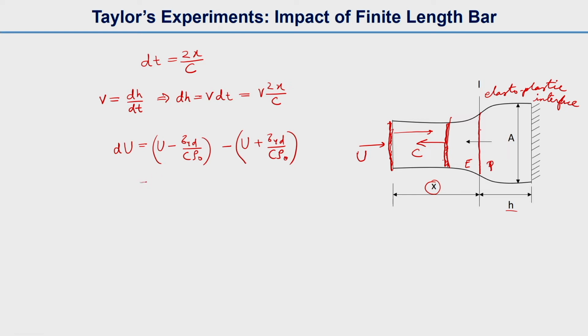So this will give us du equal to capital U is equal to twice sigma y d c by rho naught.